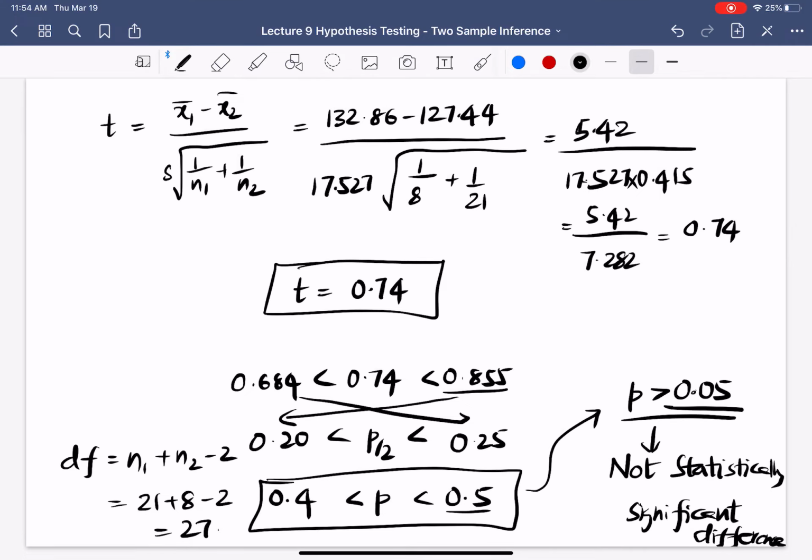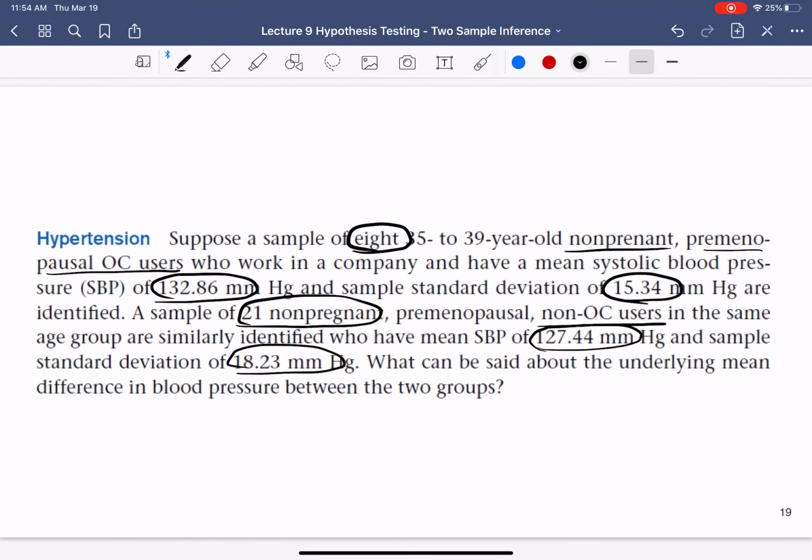So the statistically significant difference here we are talking about is in an office, people who take oral contraceptive and non-oral contraceptive. So this is sample 1 and this is sample 2.